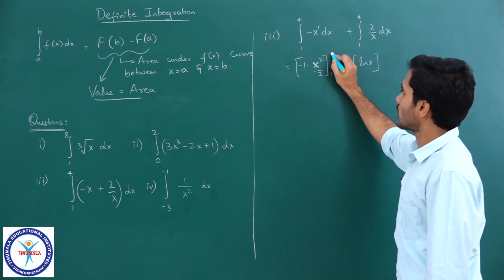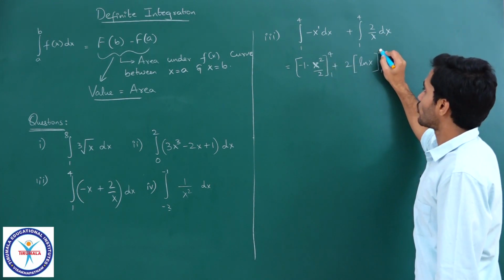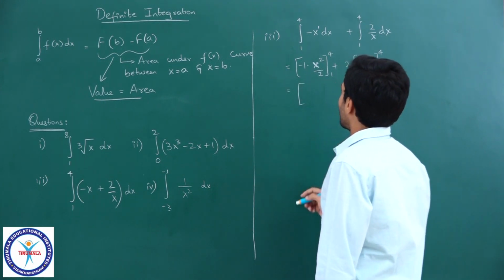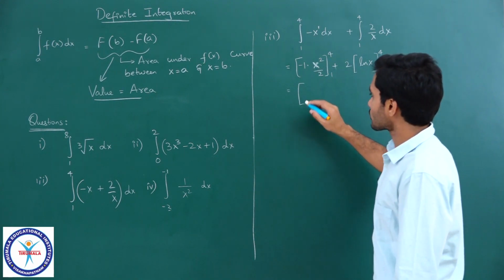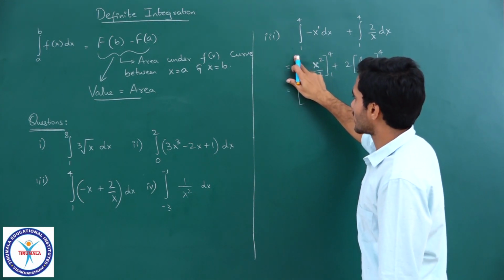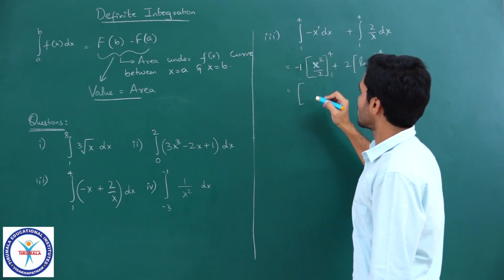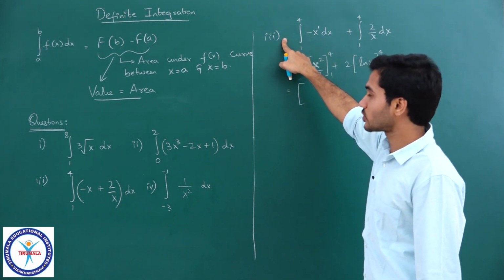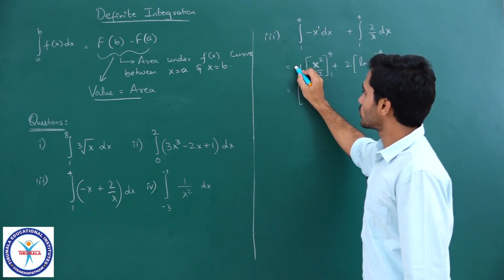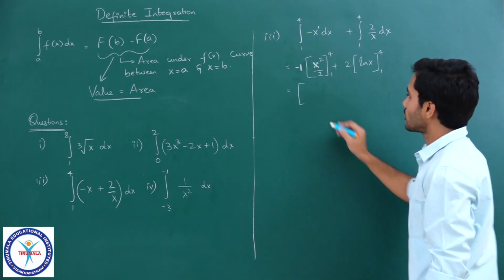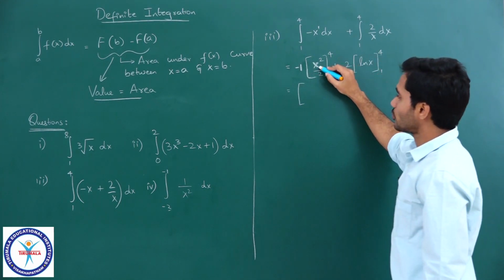So, substitute the limits 1 to 4. Now, substitute 4 first. You can keep this minus 1 outside itself, you do not have to take it inside. We have already brought minus 1 outside and then integrated this. So, this is the expression which we have. Now, substitute 4.